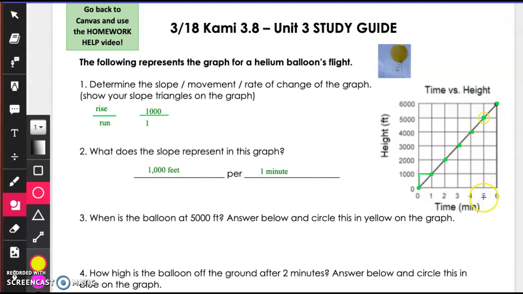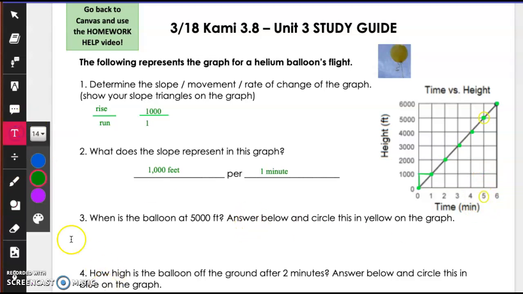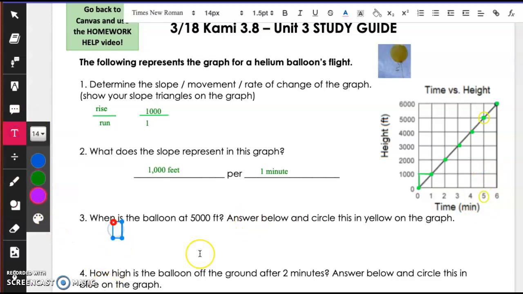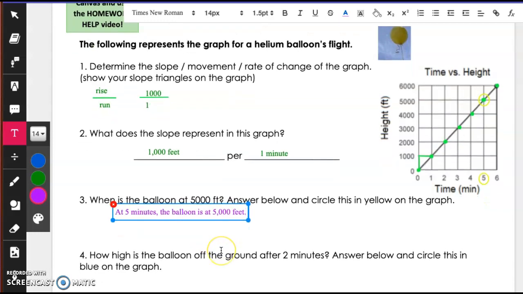What x value is that? That would be the x value of 5 minutes. So our answer is at 5 minutes, the balloon is at 5,000 feet. Right there on that graph, finding that point.